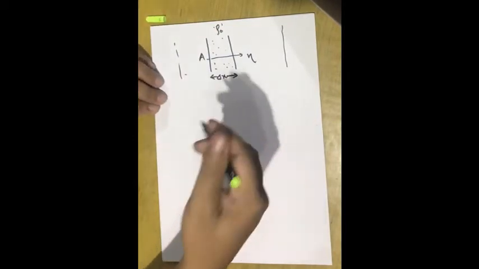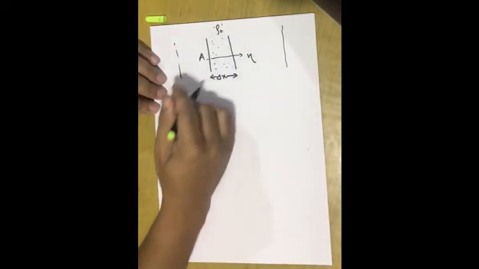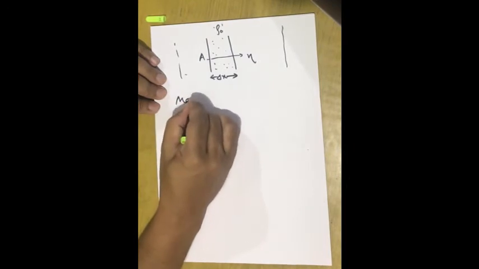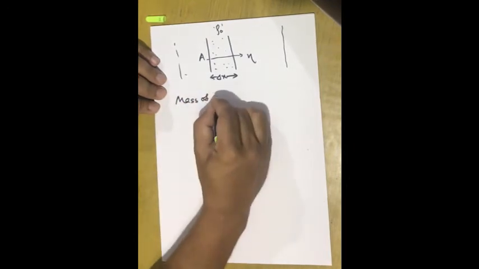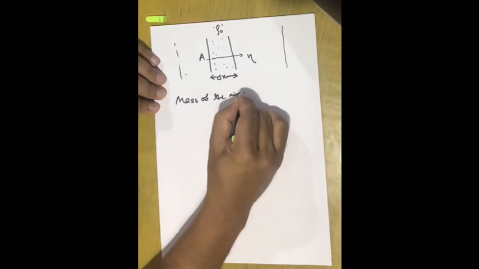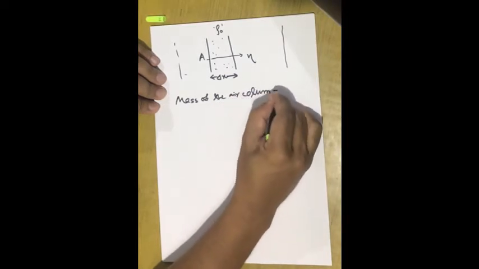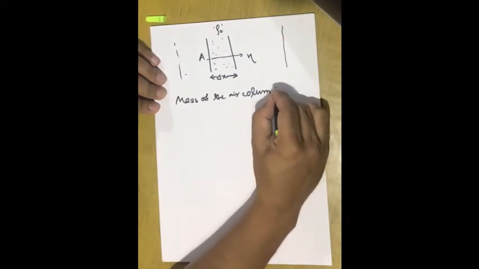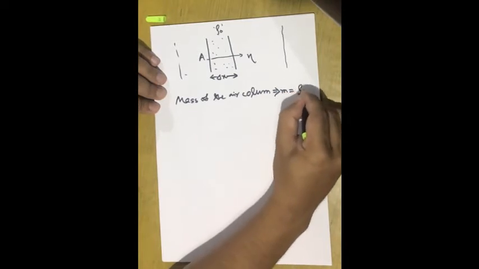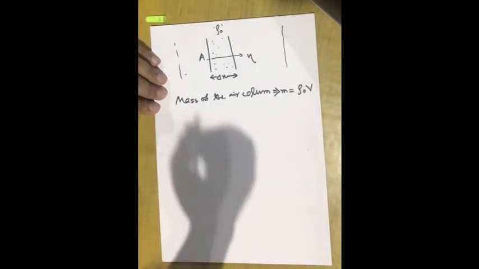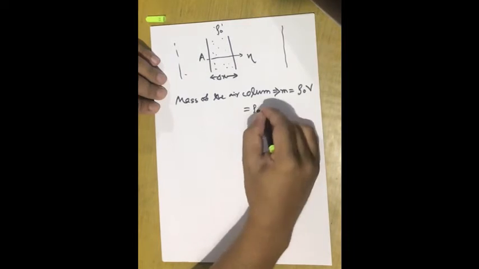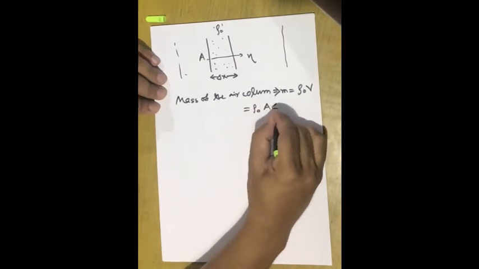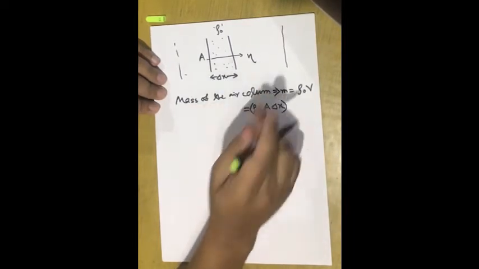So the mass of the air column is m equals rho naught into V, density into volume, so rho naught into A delta x.